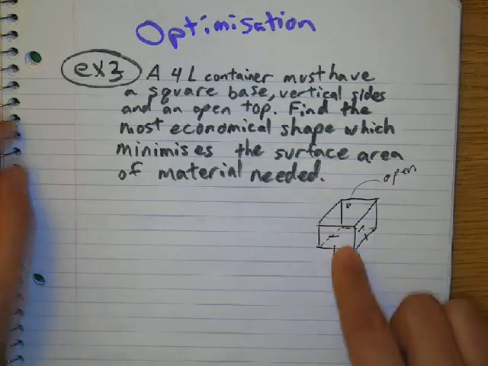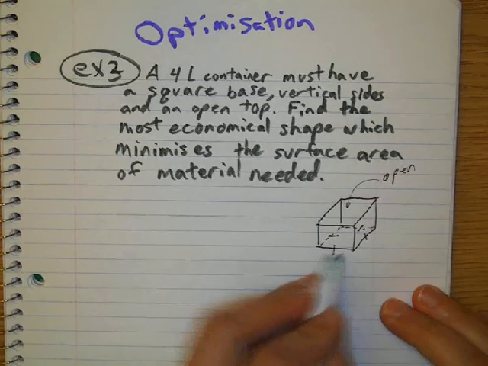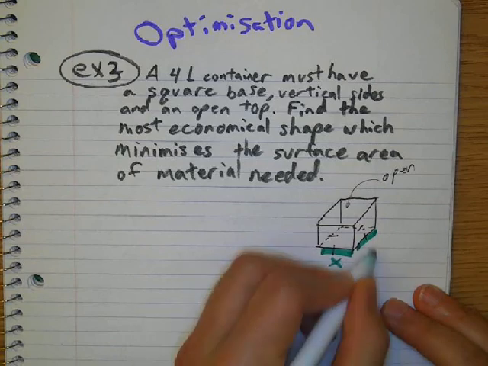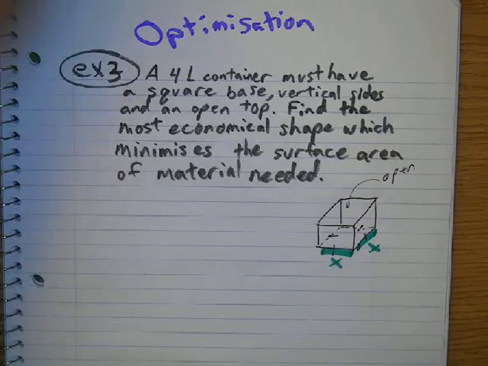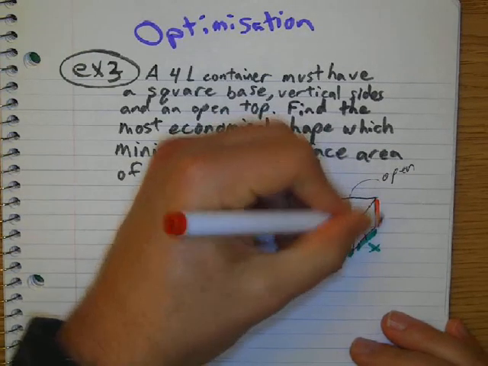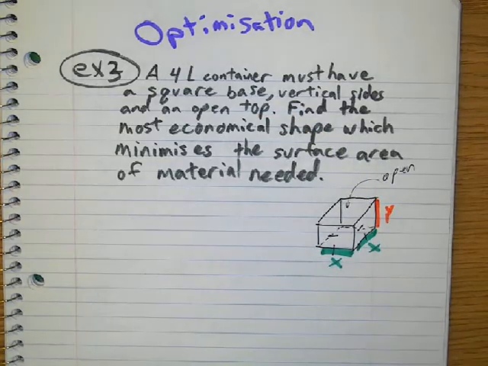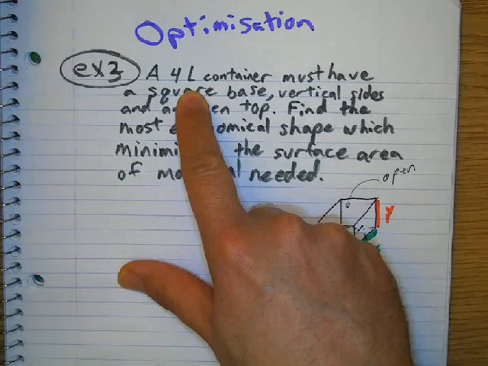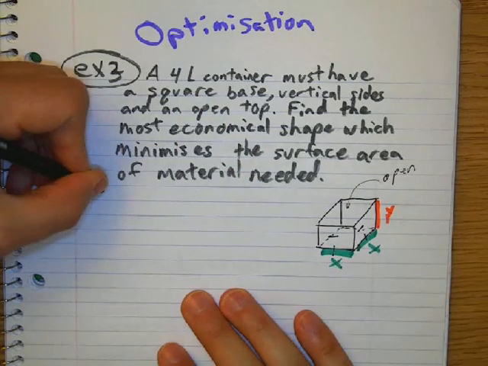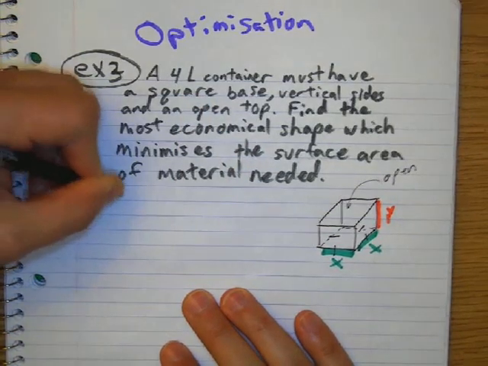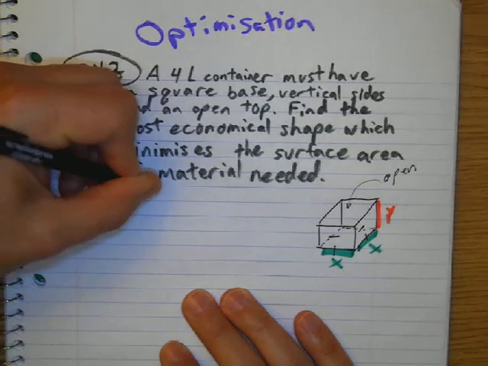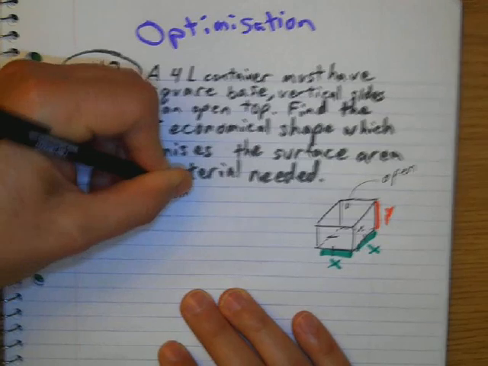Okay, so here we've got our shape, and this is a square. So I'm going to call that x and call that x, and then it's got a height of y. We want to have a volume of 4 liters. First of all, 1 liter by definition is equal to 1,000 centimeters cubed.